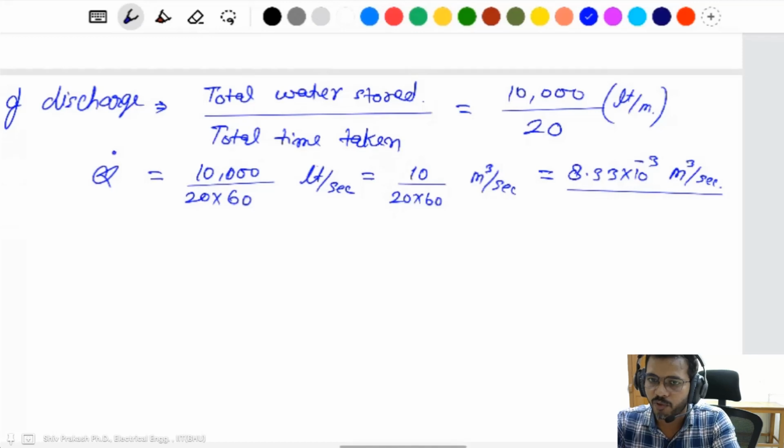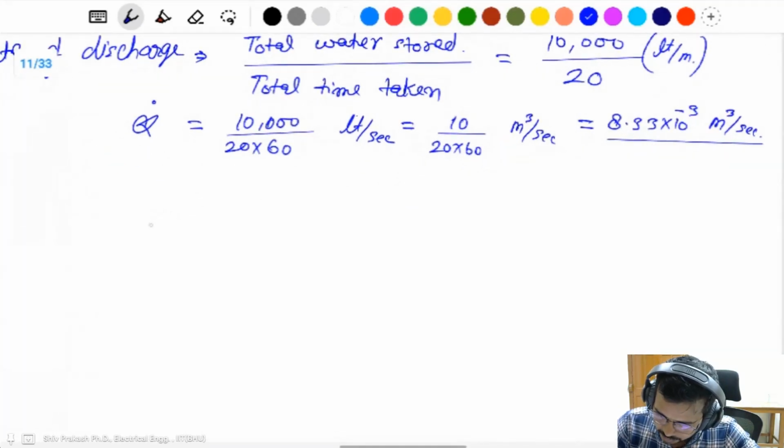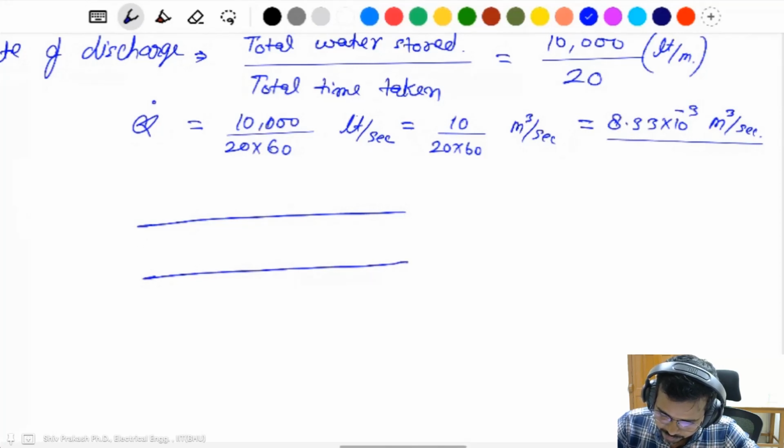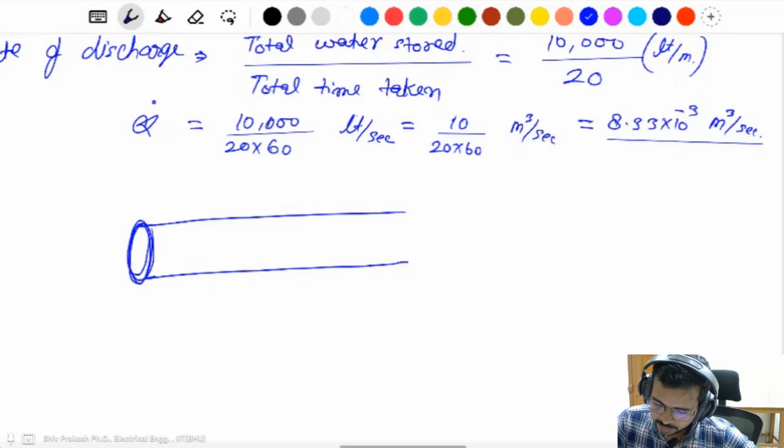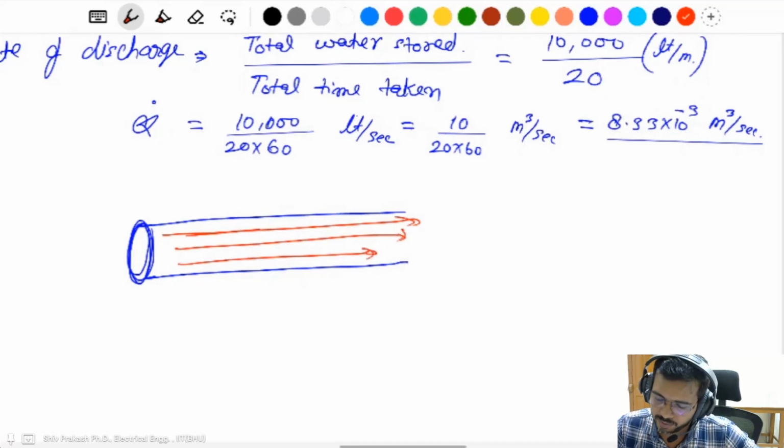If you divide by the cross-sectional area of the pipe... this is the whole water flow, in total meter cube, 8.33 liters per second of water flow.